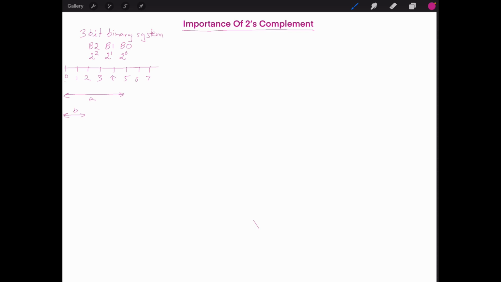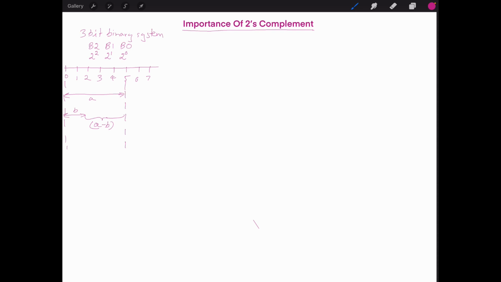With these 2 numbers on this number scale, let's try to find out what is A minus B. As you can see on this number scale, this quantity here represents A minus B, and this is what we need to compute in today's class. So how do we do that? Let's get to that in a while.